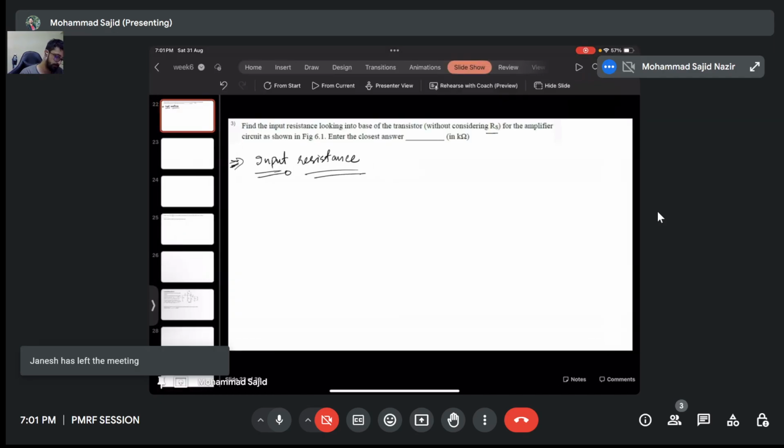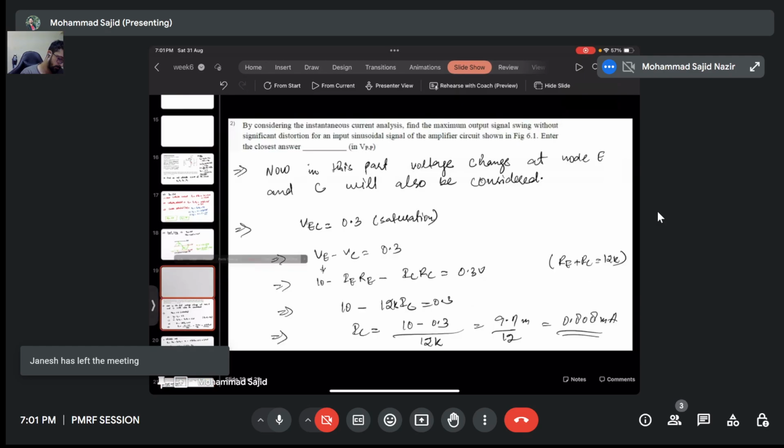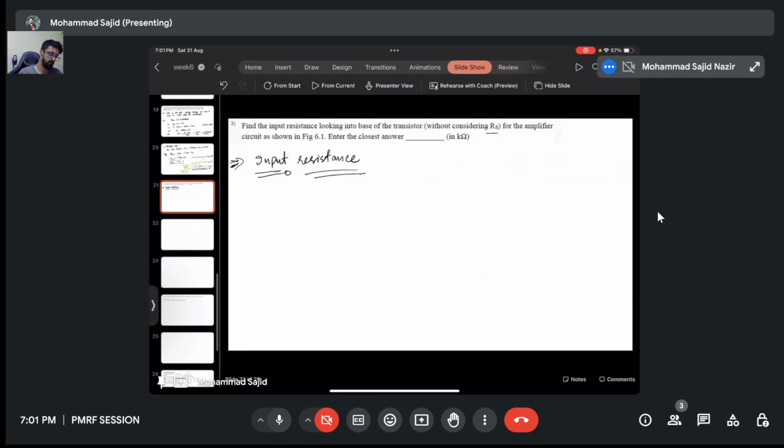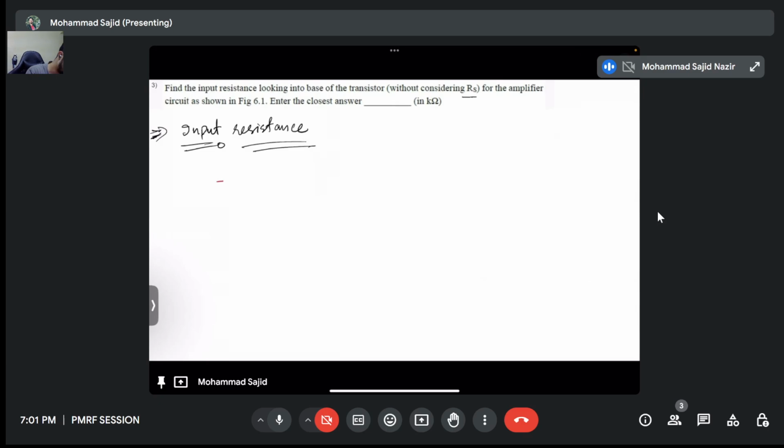This is the circuit. We need to draw the equivalent circuit for it. Alright, let me draw. Ignoring the RS, let me just first draw the equivalent circuit, then we will look.